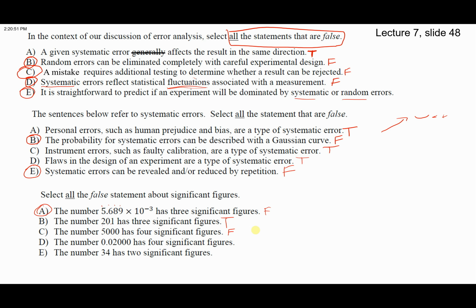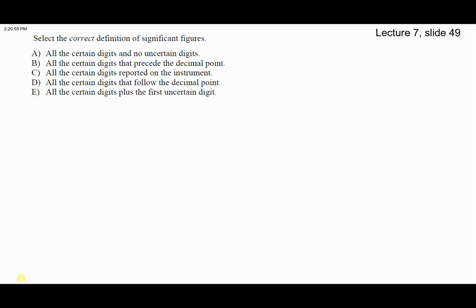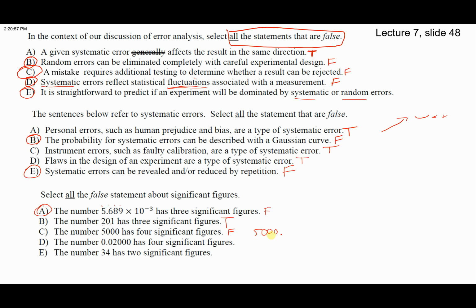It has 1 sig fig. 5,000 with a period would have 4 sig figs. The number 0.02000 has 4 significant figures. 1, 2, 3, 4. Remember, zeros to the right after the decimal place count. So that is absolutely true. The number 34 has 2 sig figs. Yep, also true.